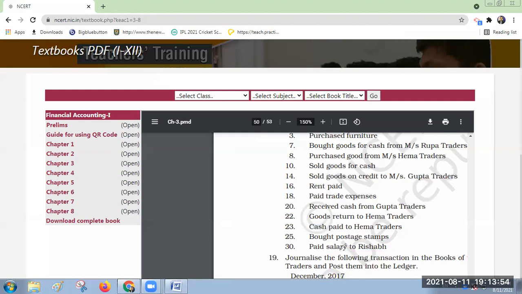Rishabh account debtor to salary. No, see, you mentioned Rishabh account debtor to salary account. Salary is which account? How many types of accounts are there? Three, sir. Personal, real, nominal.